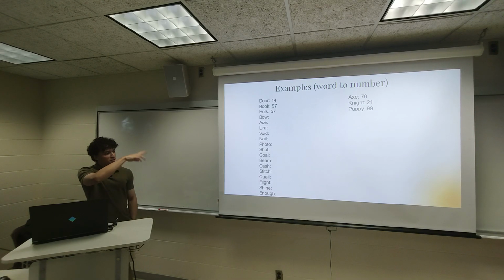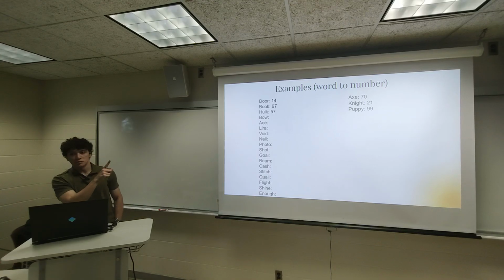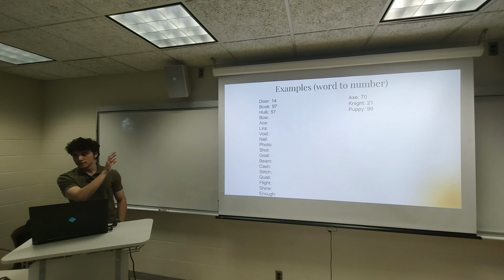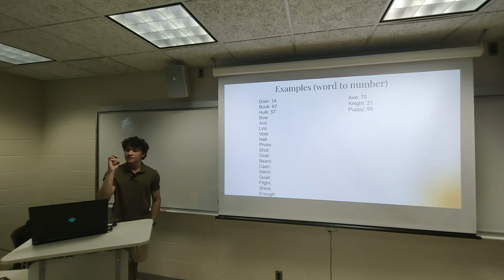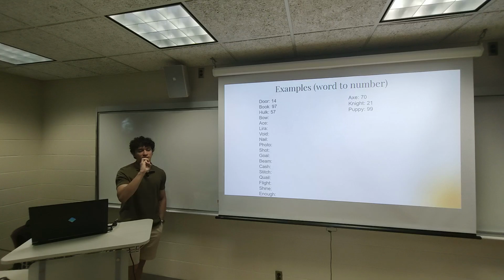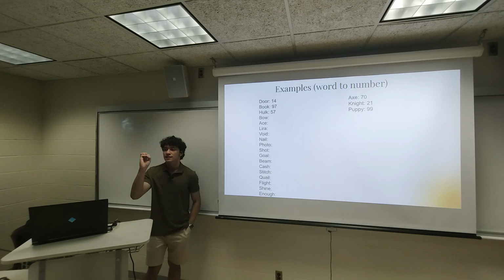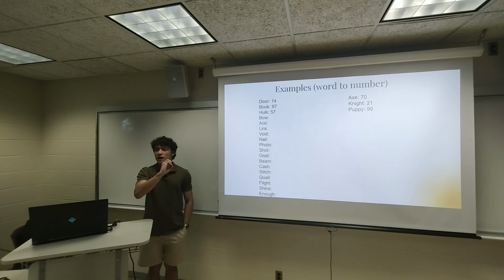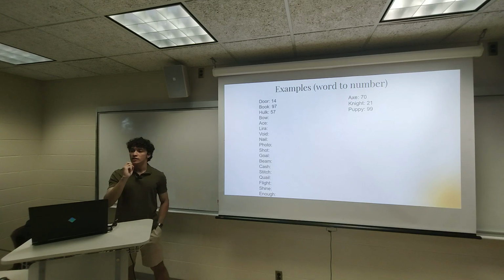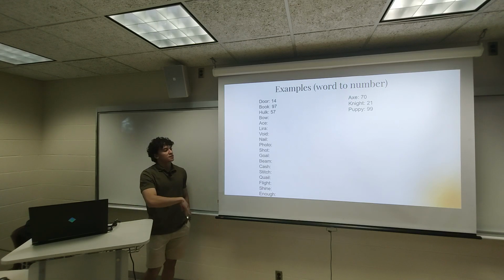So we're converting all of them to digits. We did bow, ace, and lira. So bow is 9 because of the sound of B. Ace is 0 because of the sound of S. And lira is 5-4 because of the L and the R. And now the rest with you guys.